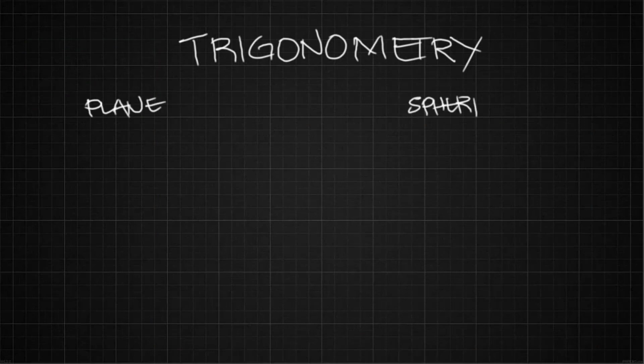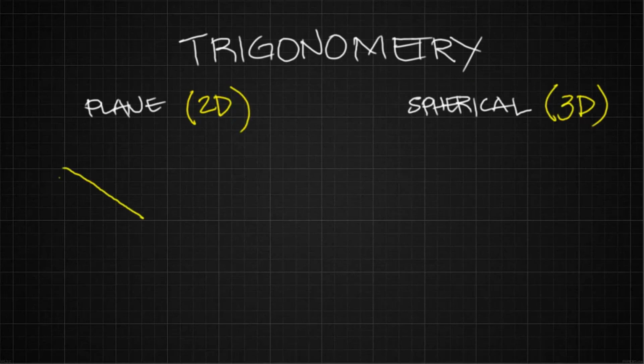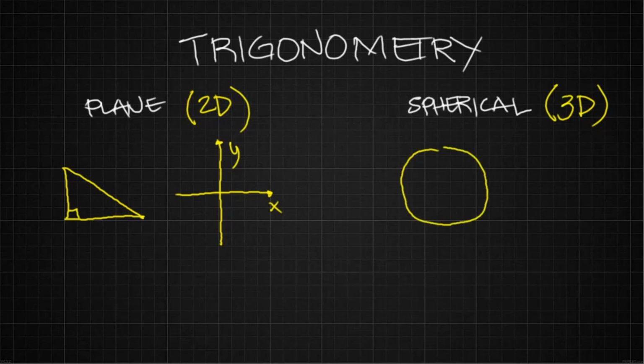Trigonometry is divided into areas such as plane trigonometry and spherical trigonometry. Plane trigonometry is on the two-dimensional plane. Triangles found on two planes such as on the x and y axis. While spherical trigonometry is on the three-dimensional plane.